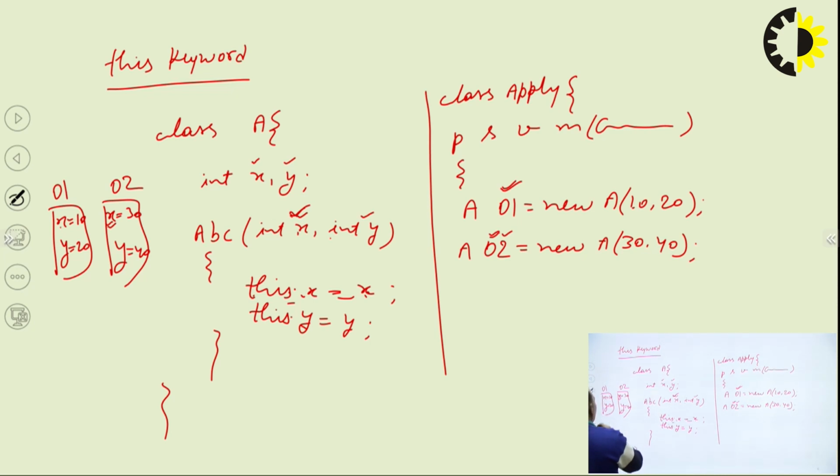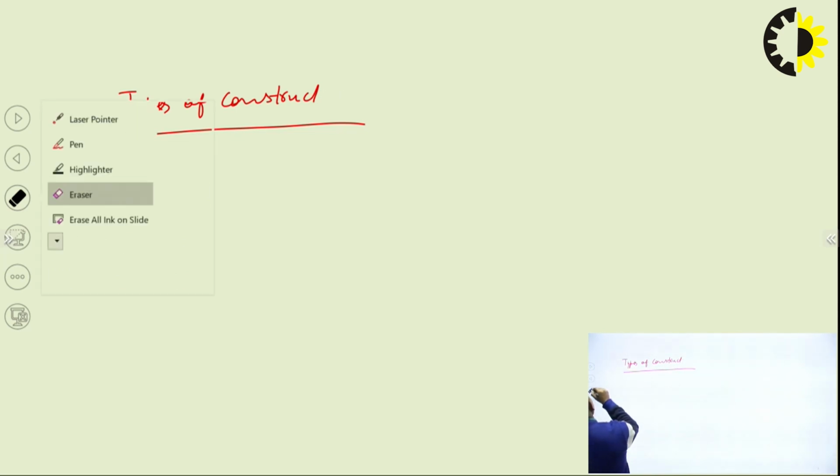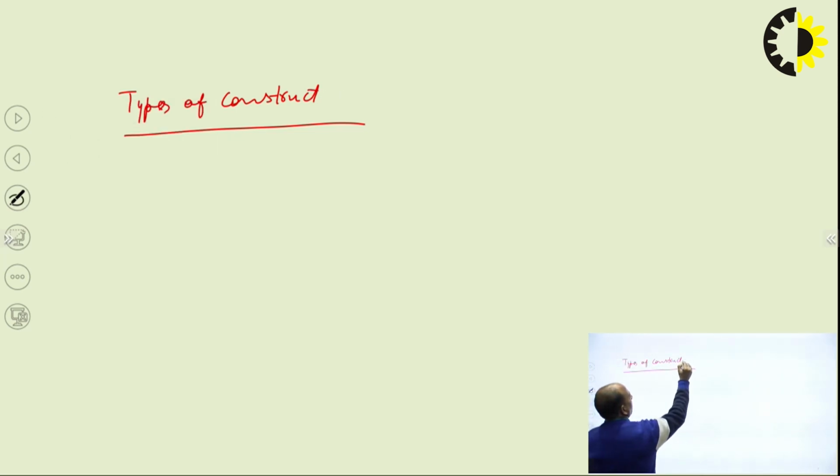Now let's move to the topic: what are the types of constructor. Constructors are of three types.